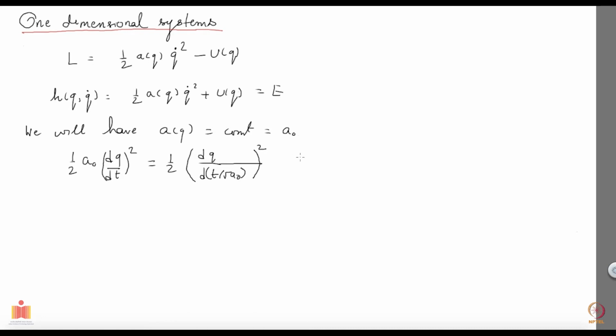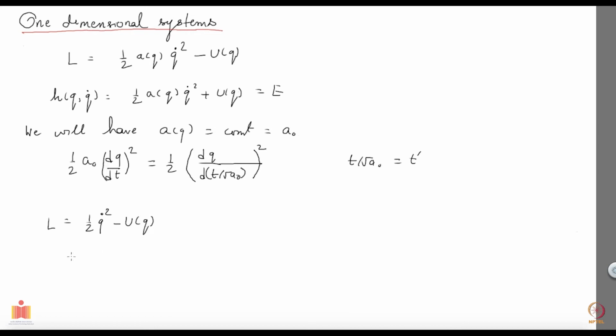So if I define my new time to be like this, then you can see that I will get rid of the A naught. So under a time scaling I will be able to write the Lagrangian as half q dot squared minus U of q.